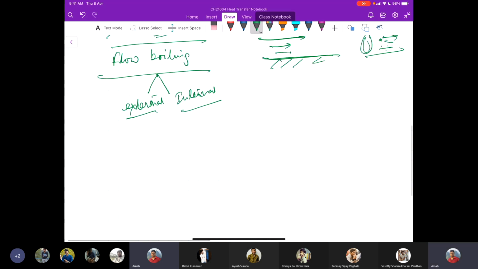What happens when you start to flow? Initially, say this is the pipe and the flow is happening from left to right.